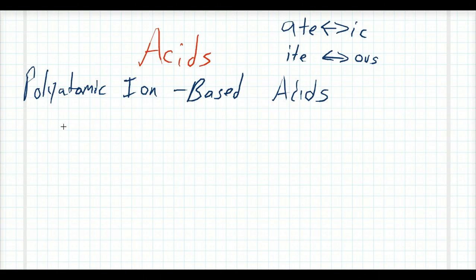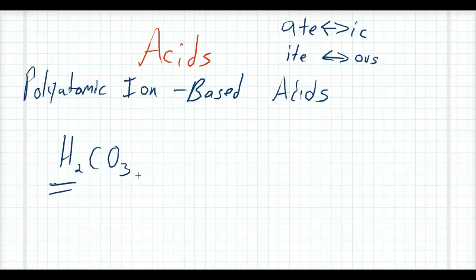What I mean by that is, what if you have something like this? And I want the name of that. Well, I realized I'm going the same way. Well, let's name it anyway. First of all, we notice that it's an acid. It's an acid because it starts with an H. For us, that's good enough as an indicator right now. Starts with an H, we're going to consider it an acid.